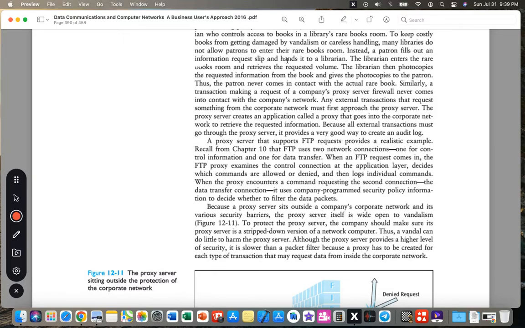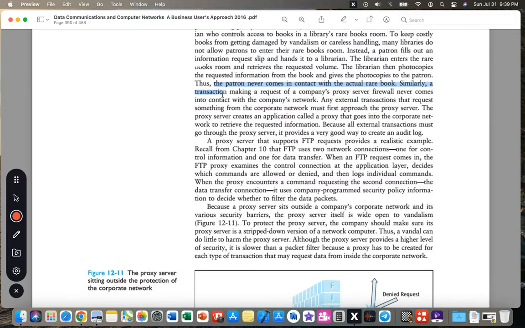Instead, the patron fills out an information request slip and hands it to the librarian. The librarian enters the rare room and retrieves the requested volume. The librarian then photocopies the requested information from the book and gives the photocopies to the patron. Thus, the patron never comes in contact with the actual rare book.